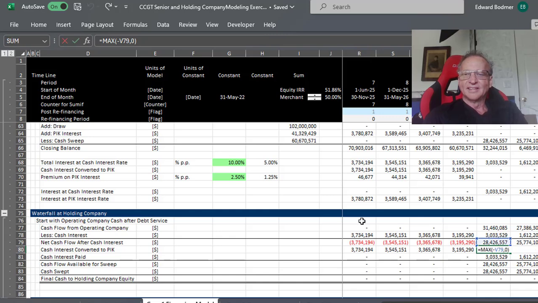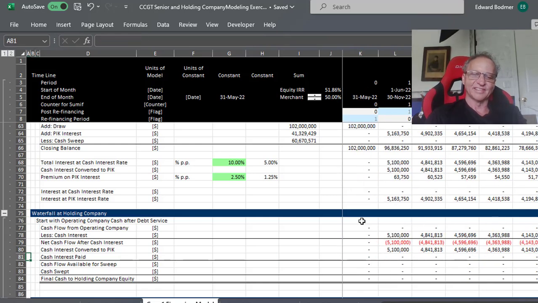Okay, maximum of the, and this maximum of the 79. Just a minute. Victor 79. Oh, this one or zero. So that's if I just made it all payment in kind or all cash.